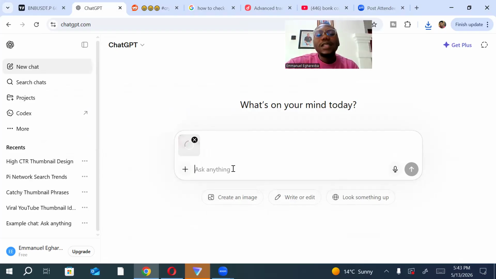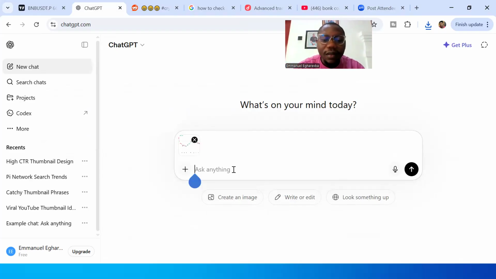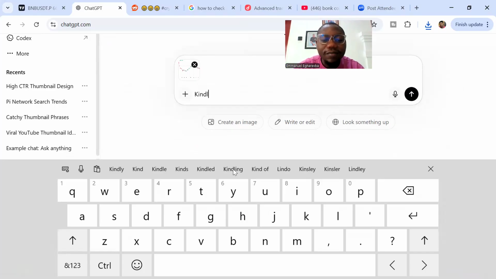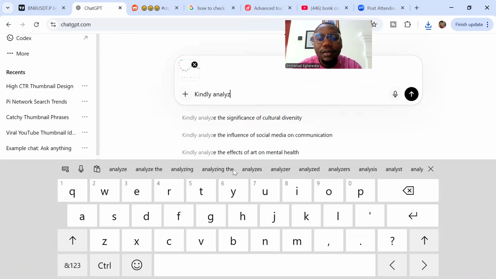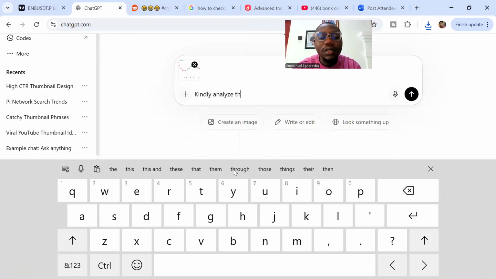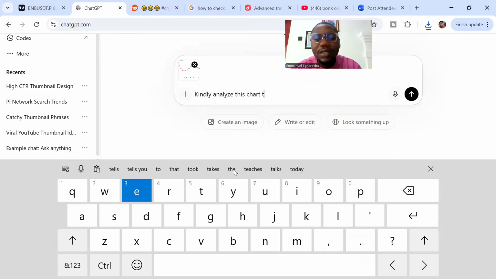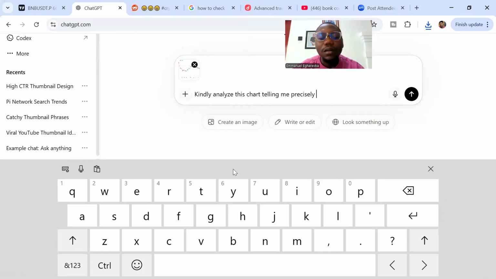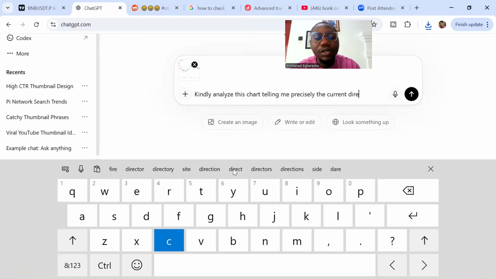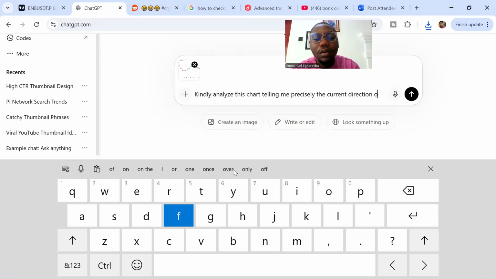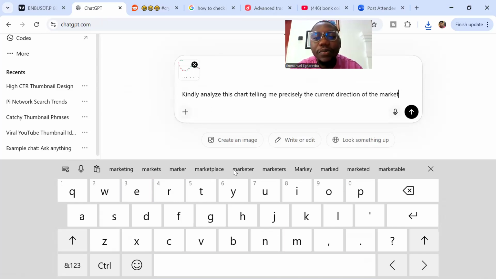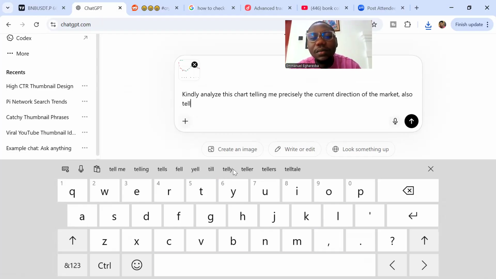Now, I'm going to tell ChatGPT to kindly analyze this chart, telling me precisely the current direction of the market.